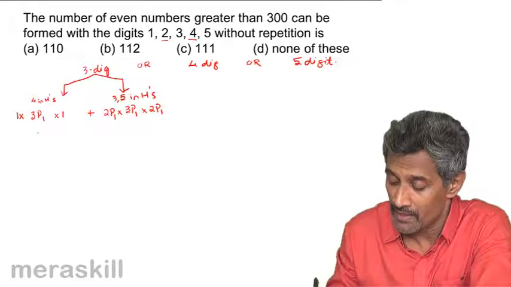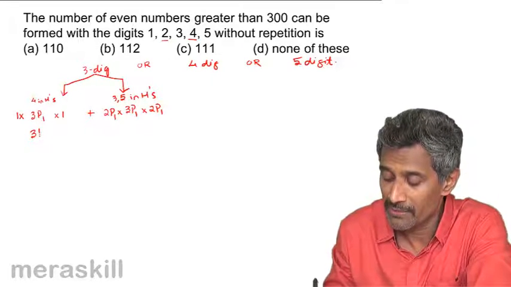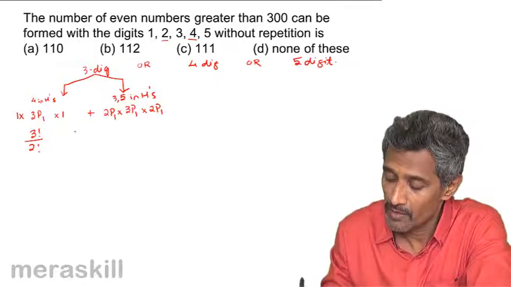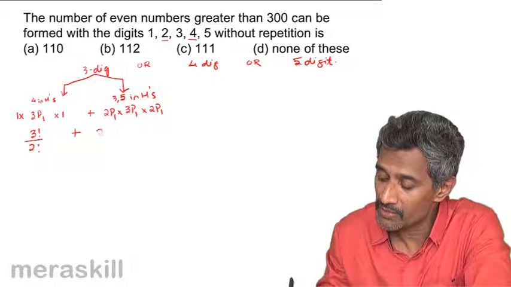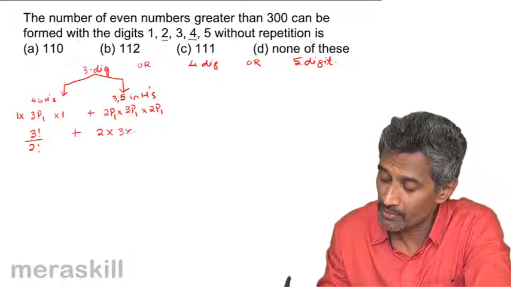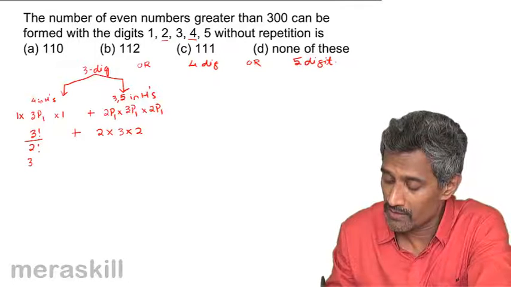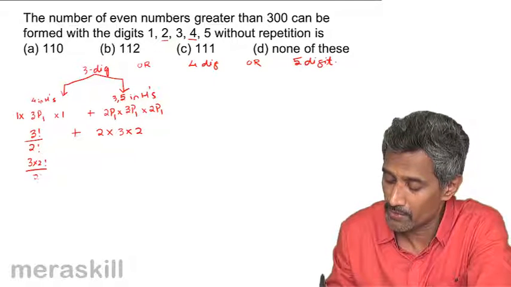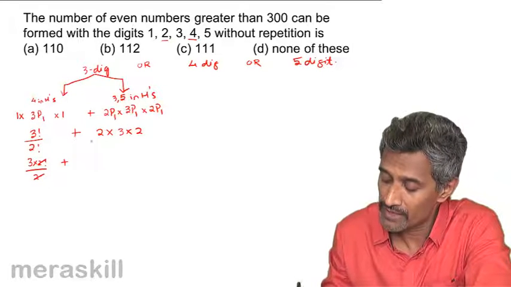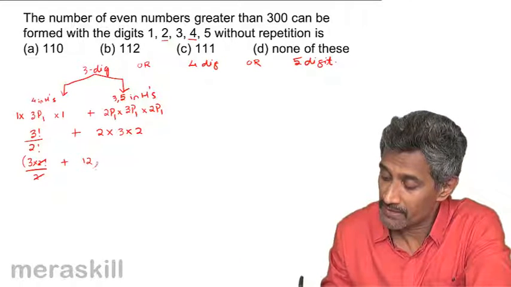So this is going to be 3 factorial upon 3 minus 1 factorial, which will be just 3, plus 2P1 into 3P1, that is 2 into 3 factorial upon 3 minus 2 factorial. So that will turn out to be 3, plus 2 into 3 is 6, 2 times 6 is 12, so there will be 15. So there could be 15 such numbers.